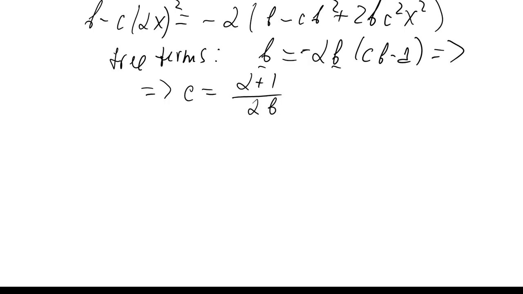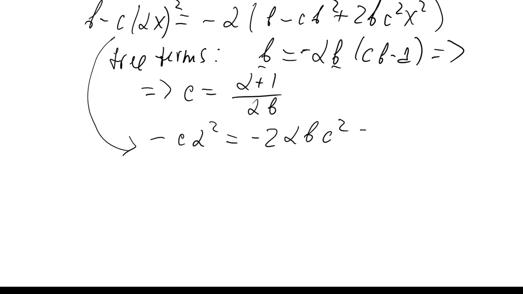And collecting terms which have x squared, we get minus c alpha squared equals minus 2 alpha b c squared.